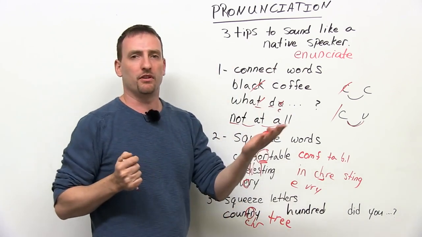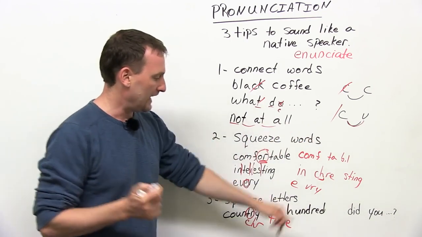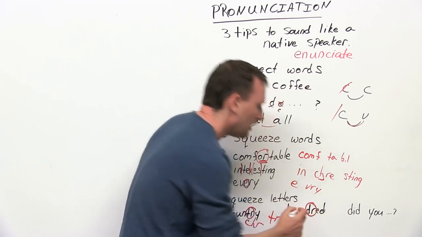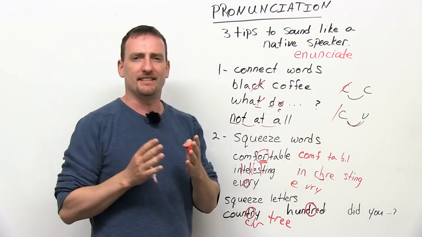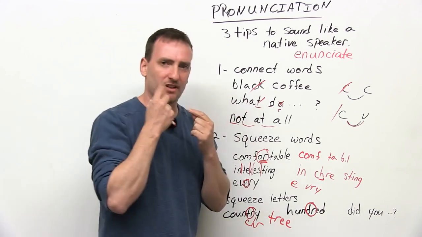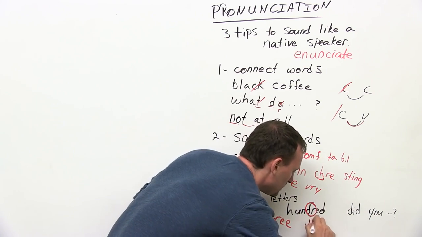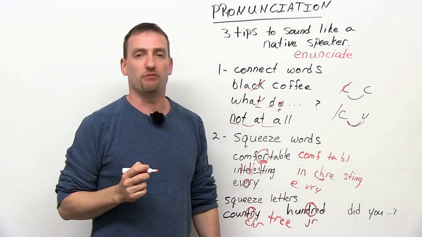If you go out with your friends, you go out for a treat. Okay? Another one is DR. DR also doesn't really sound like DR. We don't say dree hundred. It's too difficult for the tongue to make the quick switch. So this sounds like JR.